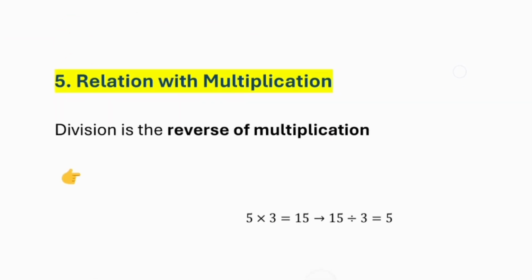And our next rule, relation with multiplication. Division is the reverse of multiplication. For example, 5 into 3 is equal to 15. That implies 15 divided by 3 is equal to 5.